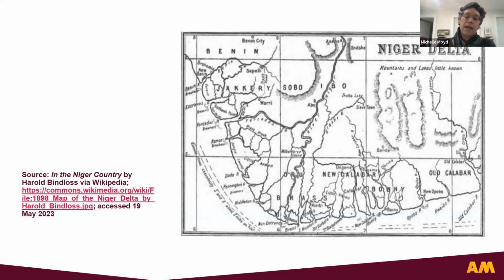And here again, a map just to remind you of the area that I'll be discussing, which is Brass, broadly named Brass. That's kind of a regional name. But people that lived in this area often were referred to as brassmen. And I'll be talking about Nembe here, Brass, and then also a little town in here, Fishtown.